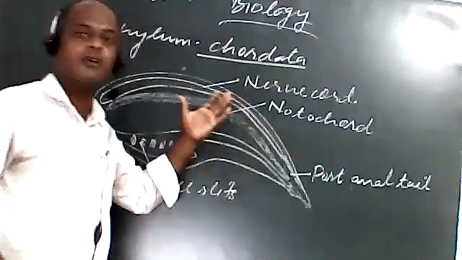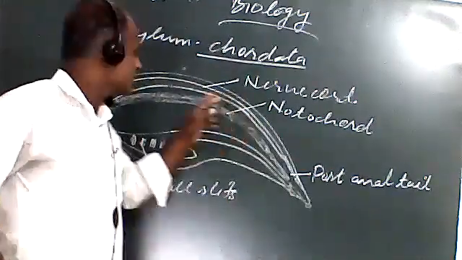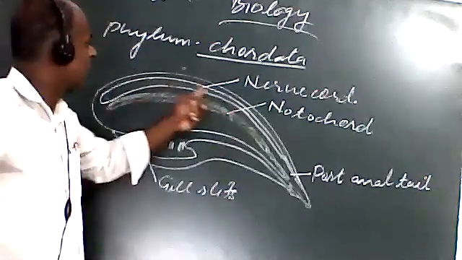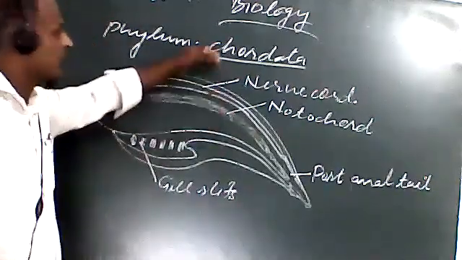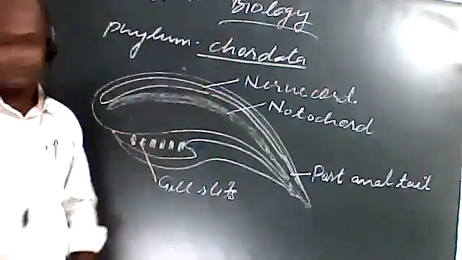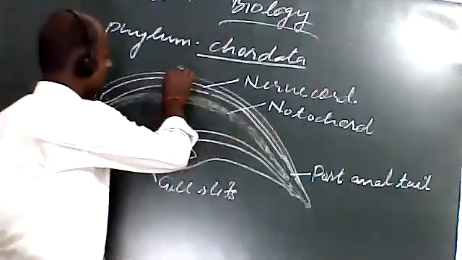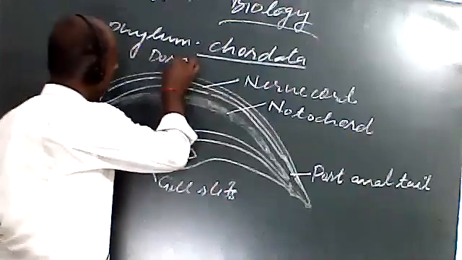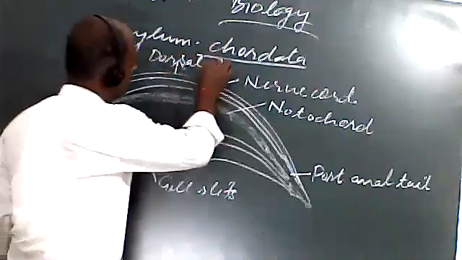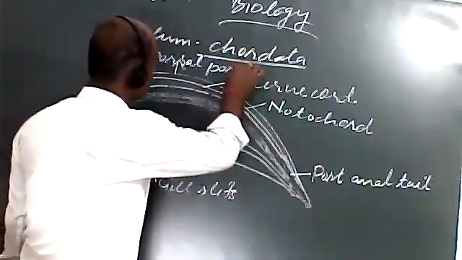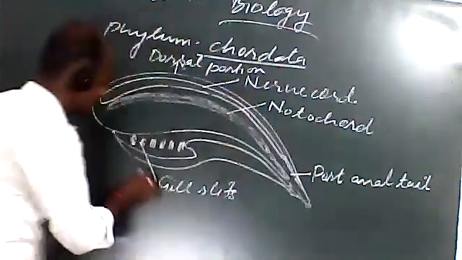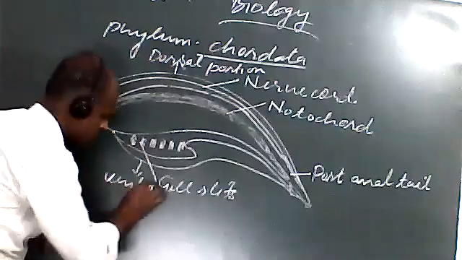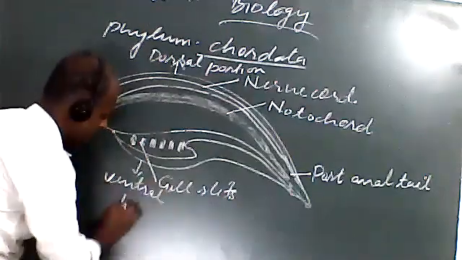But in the case of chordates, there is a hollow nerve cord which is seen very clearly, present on the dorsal portion of the body, because this portion is the dorsal portion, and this portion is the ventral portion.